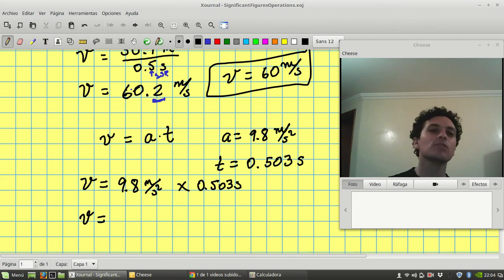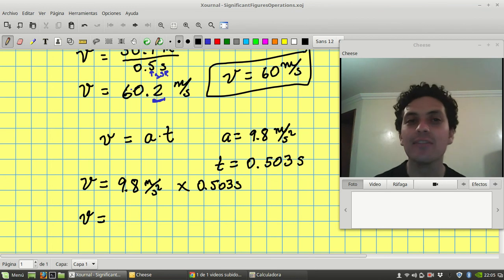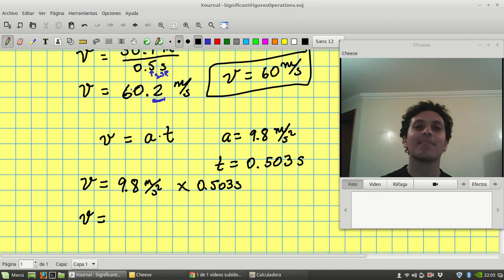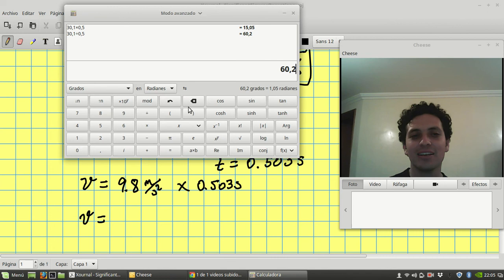that will give you some time to think how many significant figures the answer should have. Think a little bit. Okay, I'll let you think. Let me multiply 9.8 times 0.503.